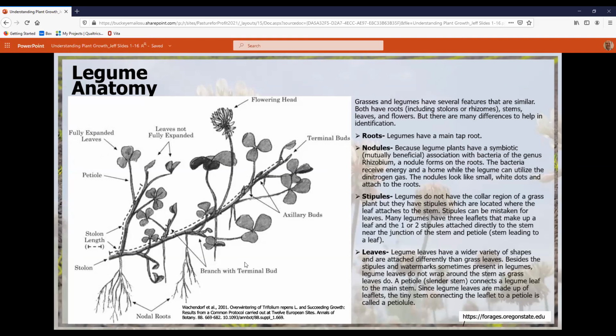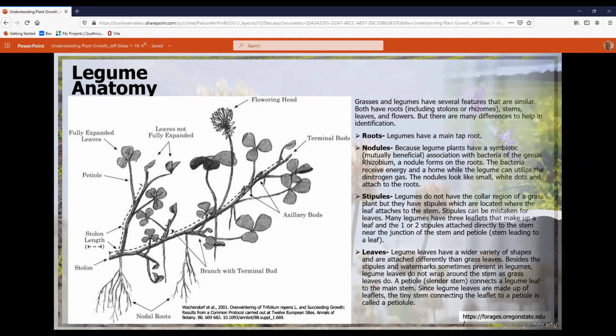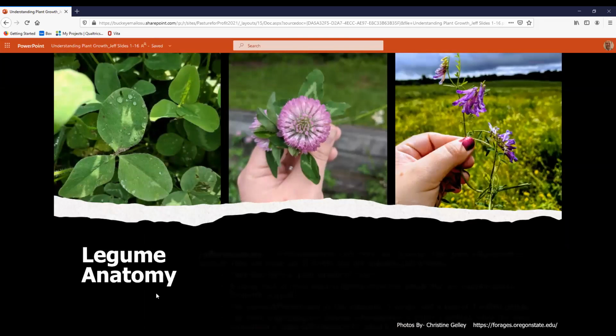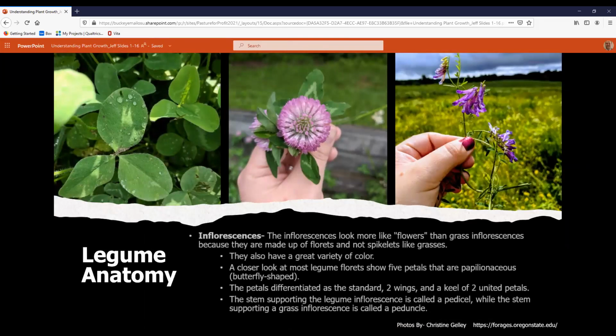So that is a little bit of variation. Other anatomy, inflorescence: the flowers look different. They look more like flowers. They're made up of florets and not spikelets. Sometimes we use those to help identify the differences in plants based on color, red clover, white clover. It kind of gives you the hint what color flower it has.